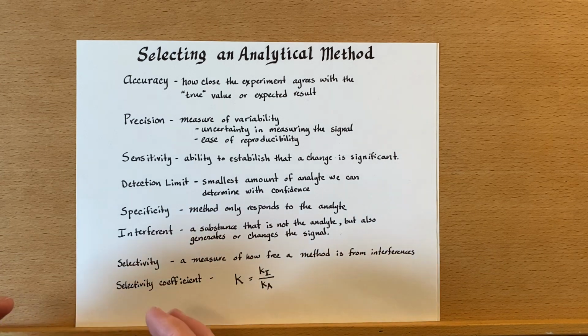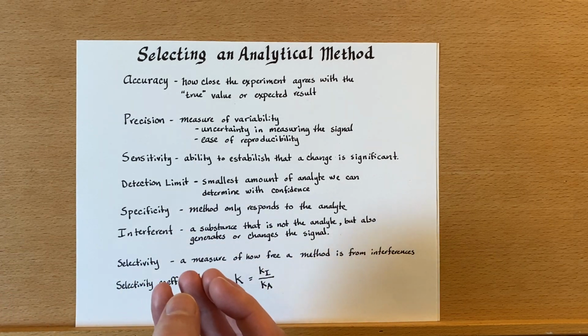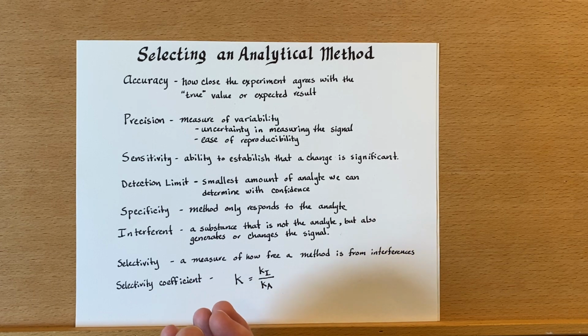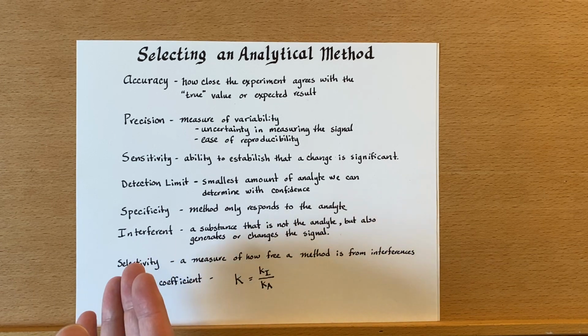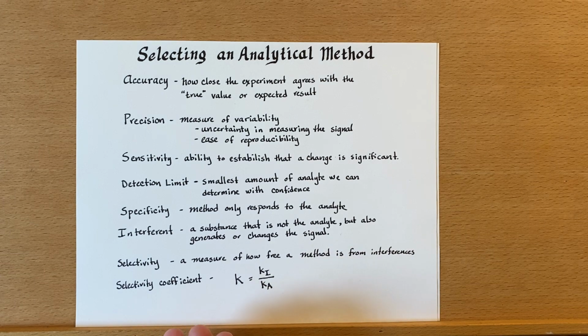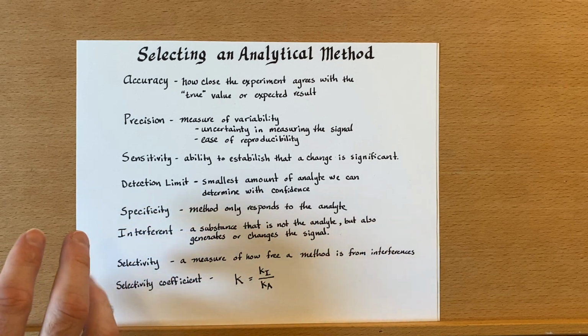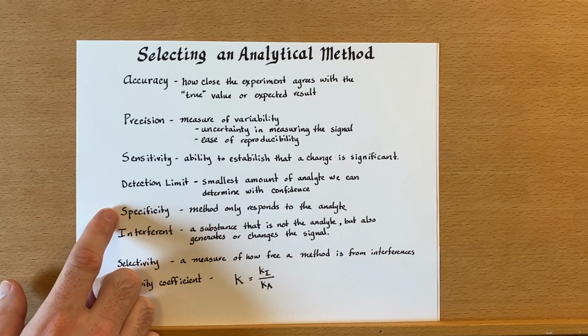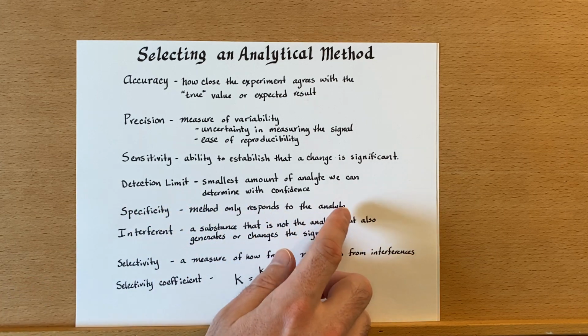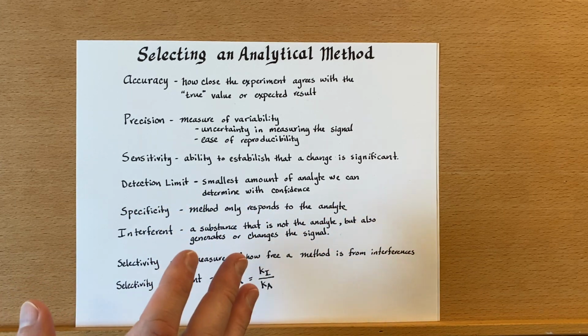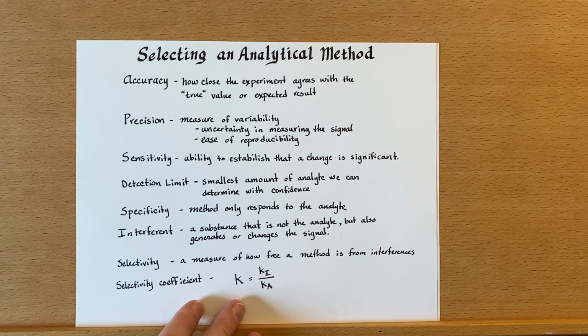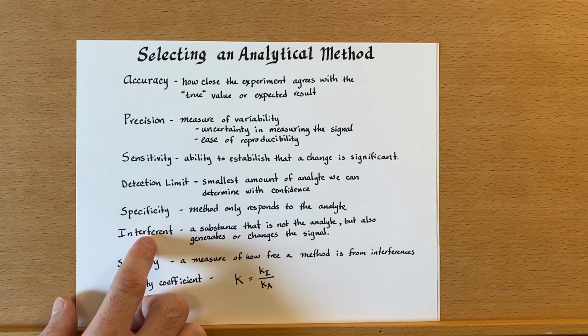So it may grab on to the analyte and not let it interact with the precipitating agent, and then it would not be counted in the analysis, and that would be a negative interferent. So we desire specific methods that only react with the analyte, but that's not always the case. Sometimes we have interferences.